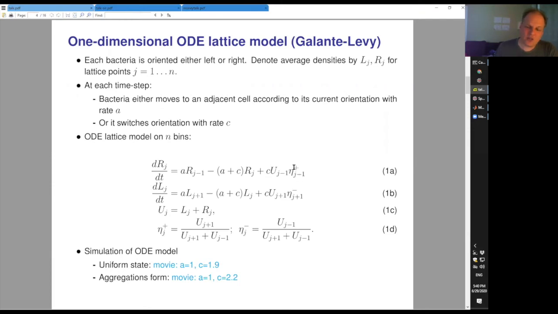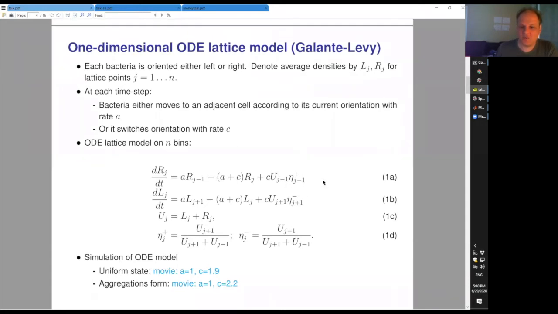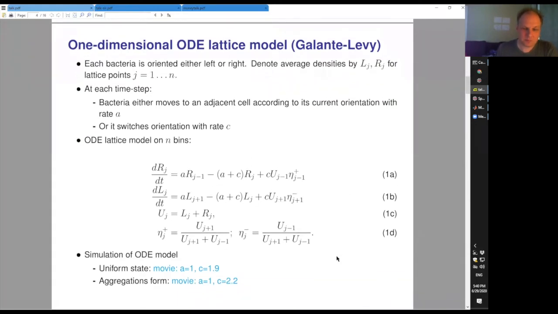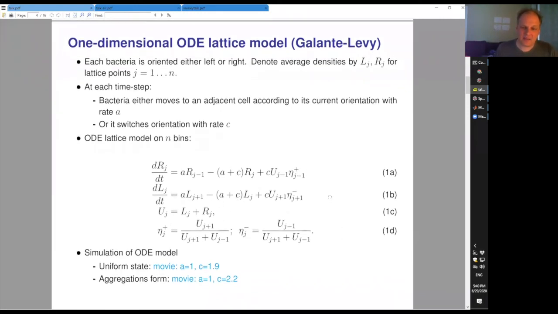The rate with which they pick one at random to the right is proportional to the number of bacteria to their right. That's how this model is written down, and that's how to understand it. Similarly for the left and all that. And so this is the ODE model, the limiting model of this agent-based model.